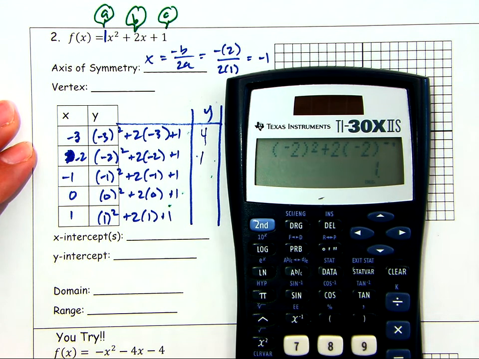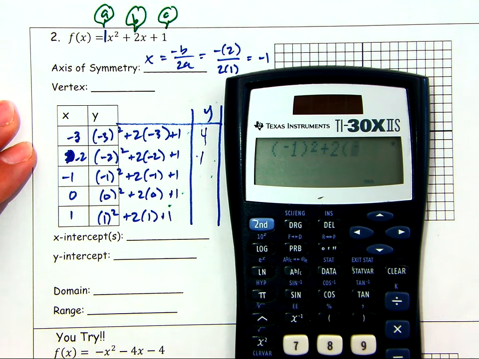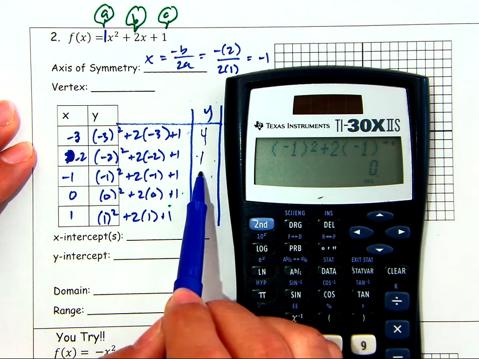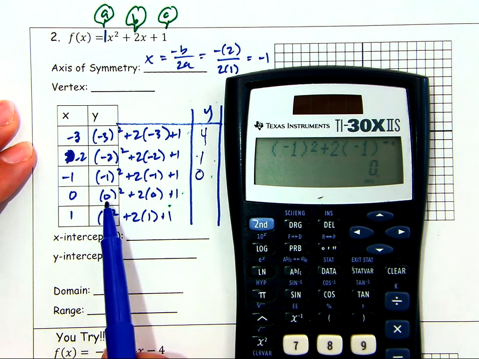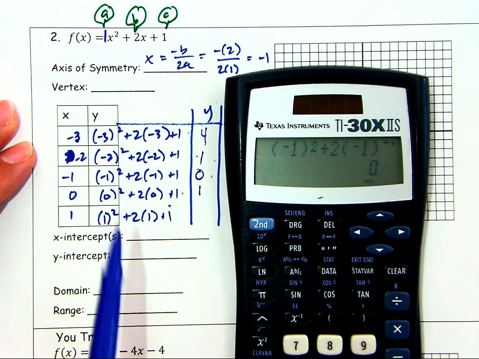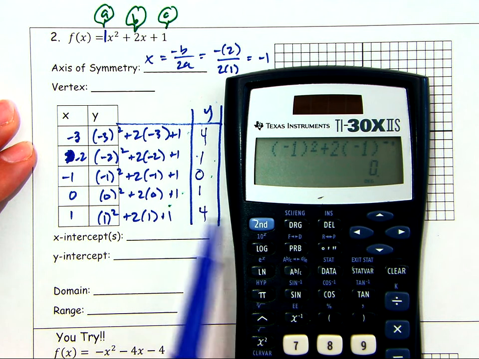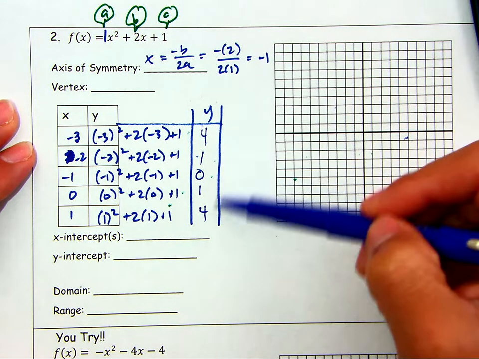Negative 1 squared plus 2 times negative 1 plus 1 is 0. Okay, 0 squared is 0, 2 times 0 is 0, so this is just going to be 1. 1 squared is 1, 2 times 1 is 2, 1 plus 2 is 3, plus 1 more is 4, and I have that kind of symmetry here, 4 and 4, 1 and 1, and then 0.